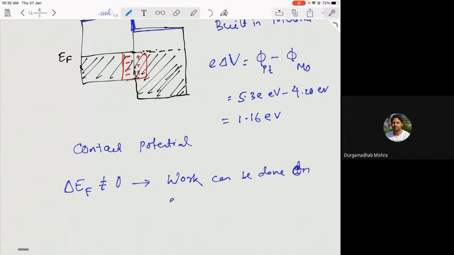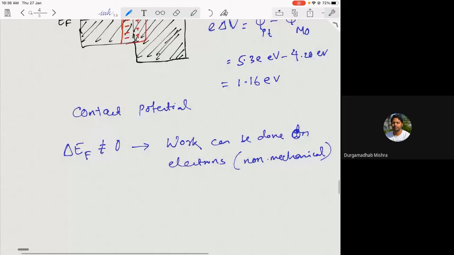on electrons, which is not a mechanical work, it is a non-mechanical work. Rather, this is known as a chemical potential or electrochemical potential.